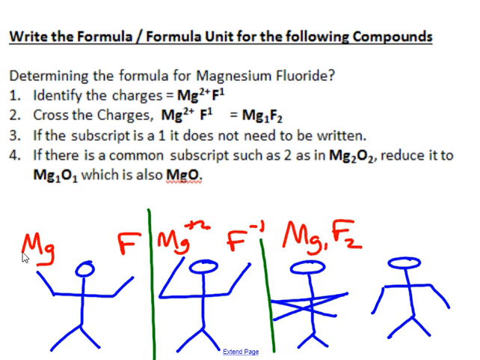There's not so much a reduce here as a simplify. We don't write the number 1s in chemistry, but we do have to write if there's any other ones. So this is MgF2. We would name this magnesium fluoride. Symbols, charges, crisscross, reduce. This works as a much simpler way to figure out the formula for all ionic compounds.